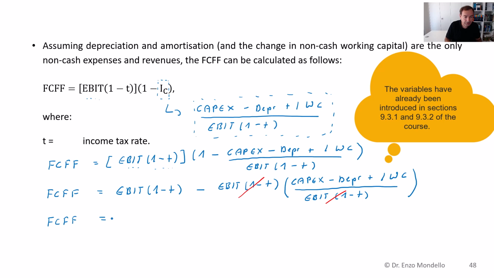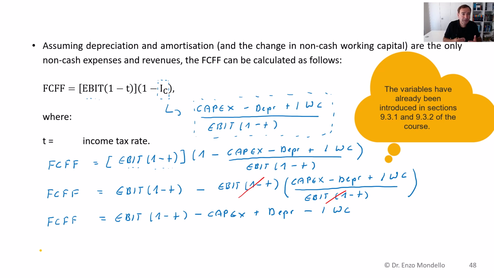That's the operating income multiplied by 1 minus the tax rate. And then we have minus capital expenditures. Then we have minus times minus is plus, so plus depreciation. And we have minus times plus, so that's minus the investments in non-cash working capital.